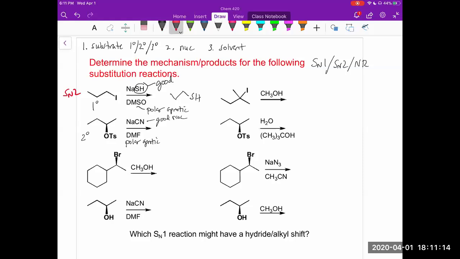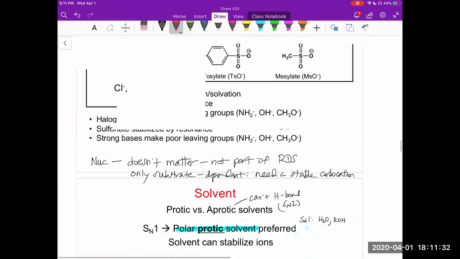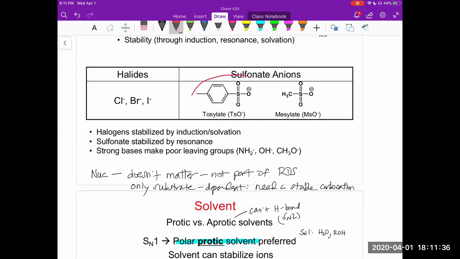So this is an SN2 reaction. What is OTS? Probably should talk about that. What is OTS? There's silence. Flip back a couple slides to the leaving group. OTS is that guy right there. It's one of those sulfonate anions, and it's a leaving group that is stabilized by resonance.